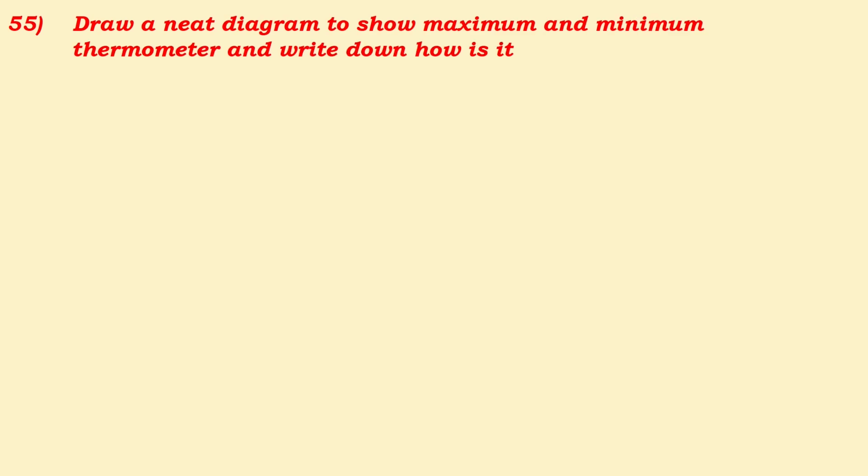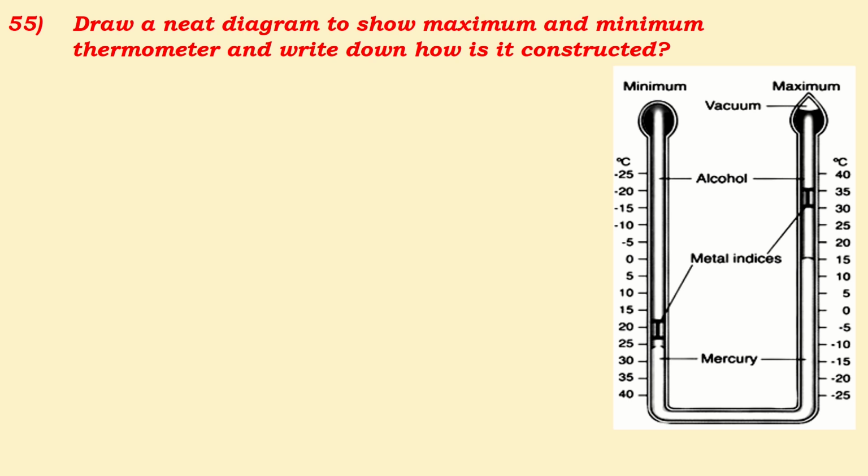Next question. Draw a neat diagram to show maximum and minimum thermometer and write down how it is constructed. Now we have to show the diagram first. Look at this diagram, it shows maximum minimum thermometer. Now we have to explain how it is made. It is U-shaped and it is filled half with mercury and half with alcohol.